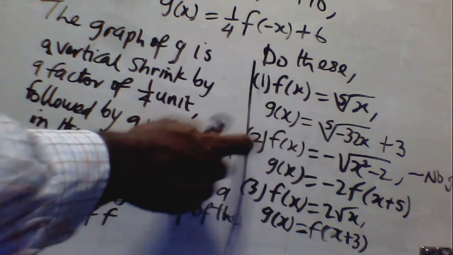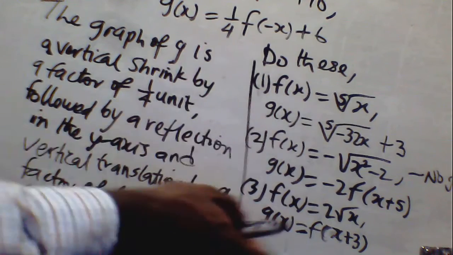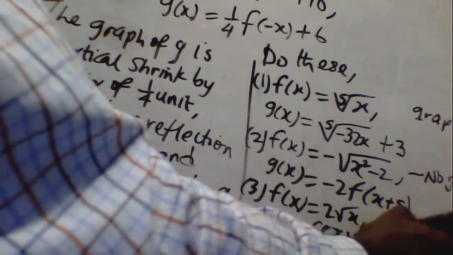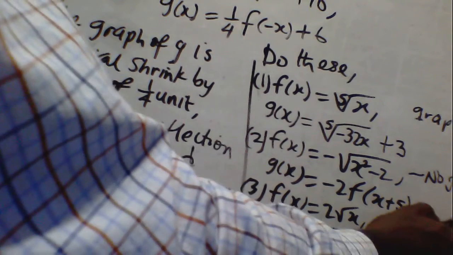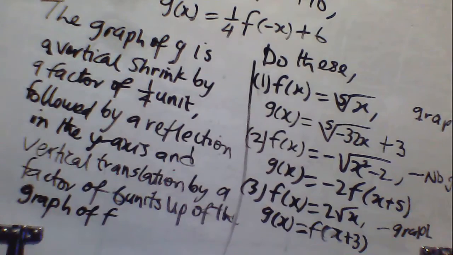For the first and third, we need the graph because it is what we did today, including the graph. So describe and also plot the graph. Describe the transformation of f represented by g and then graph each function. There are 3 questions. Number 2, no graph.